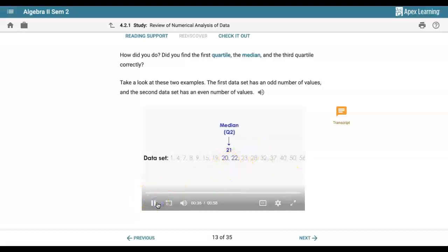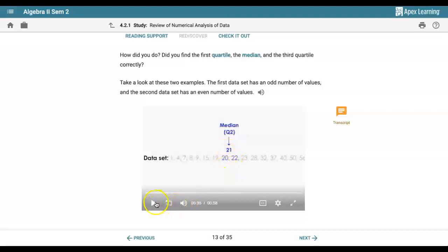Now let's find the first quartile. Okay, so again, starting with, all right, back up there. Find the first quartile. If you notice here, we now added a 21, which is between those two.